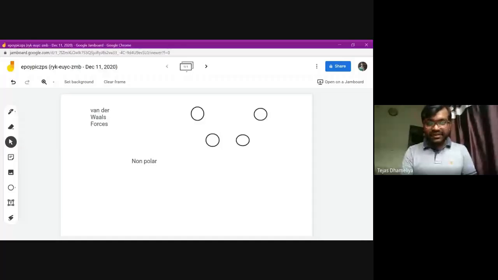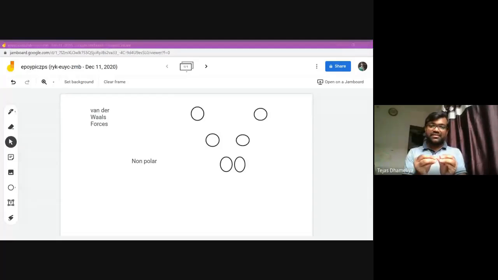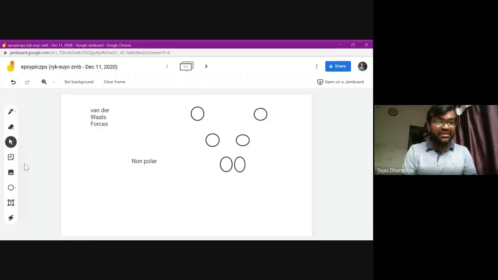If they come in even closer proximity with each other, then the van der Waals force is higher than the previous. They were far, then they came a bit closer, which is better, and then they became very close. But the force will be maximum at one particular distance.